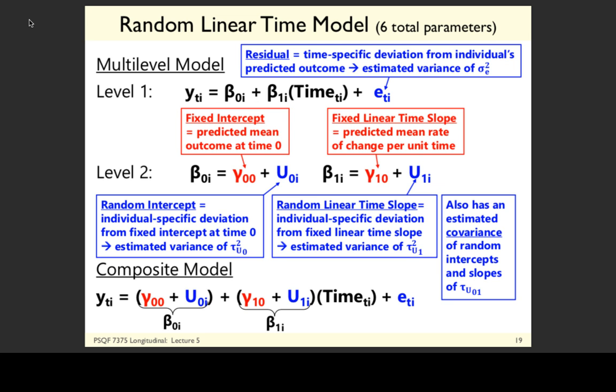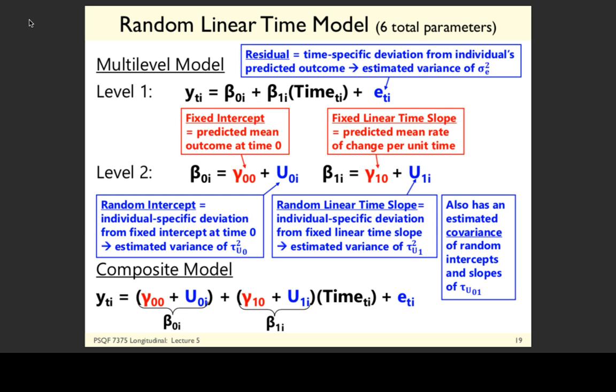So now that things are in parallel, the fixed effects, the gammas, are what happens on average. So the intercept would be the expected outcome when time is 0 on average. This fixed slope is the expected rate of change per unit time on average, and then the U's convey how far off yours is.